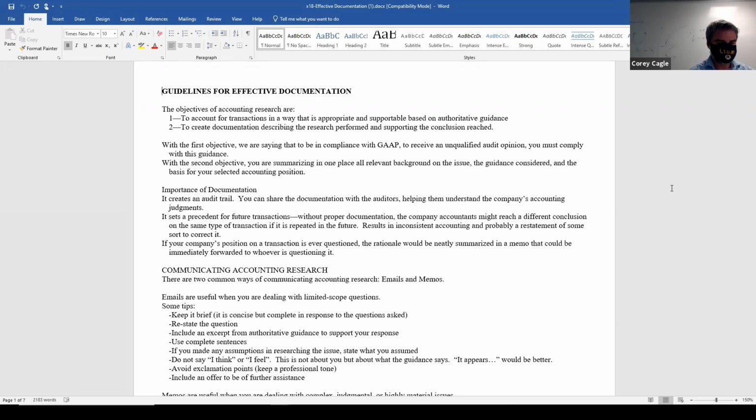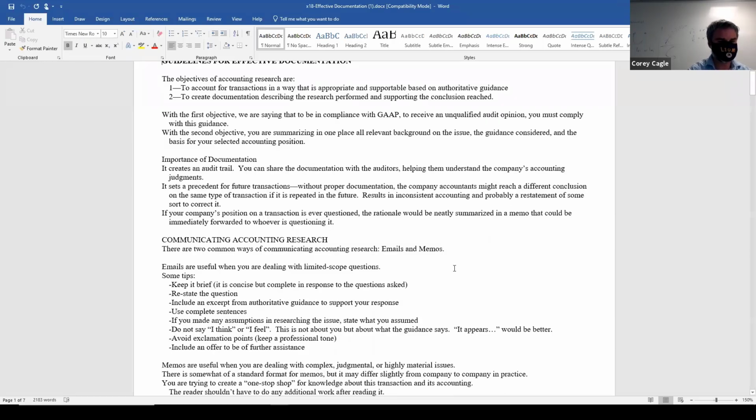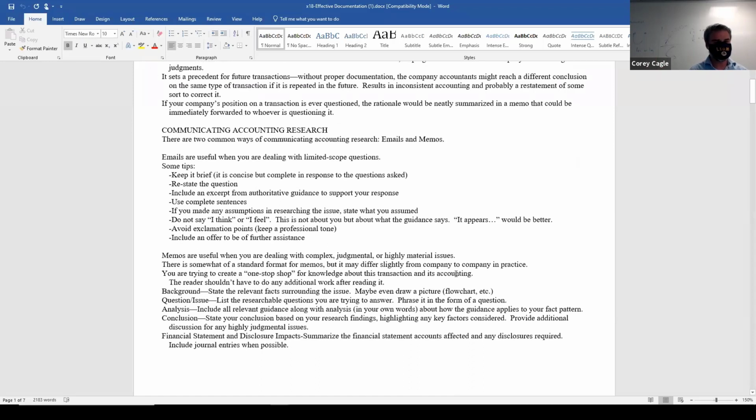With emails or memos, we have different ways to communicate things. Emails are good for quick things, like one little question. Here are some tips about an email, and you can think about what y'all did as we mention these tips. Keep it brief. That is super important. Nobody wants to read a bunch of mess.